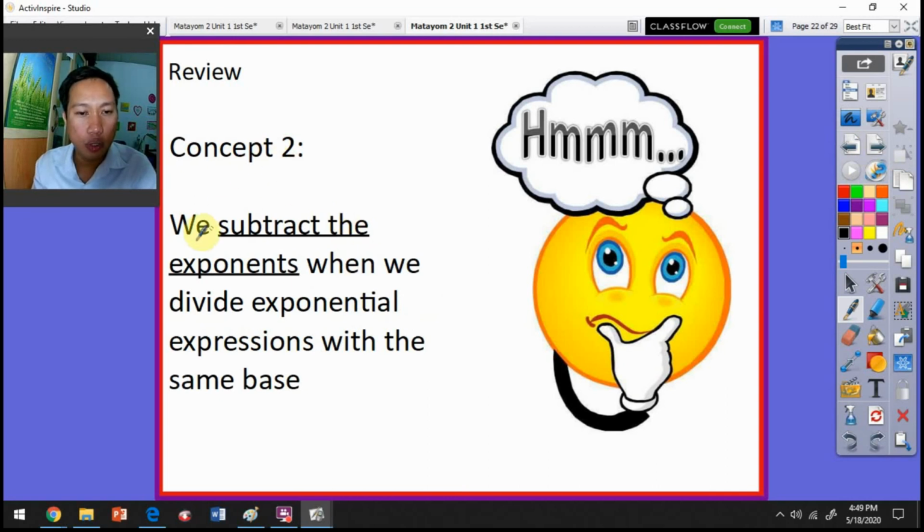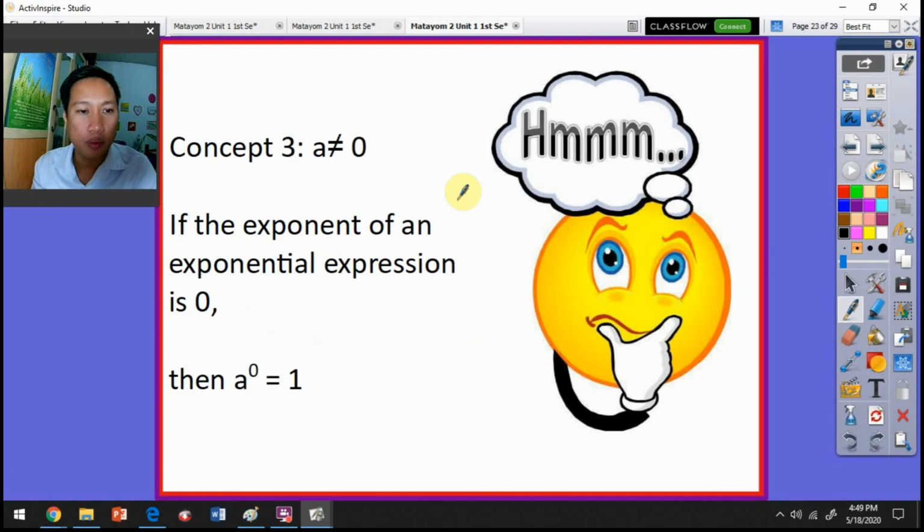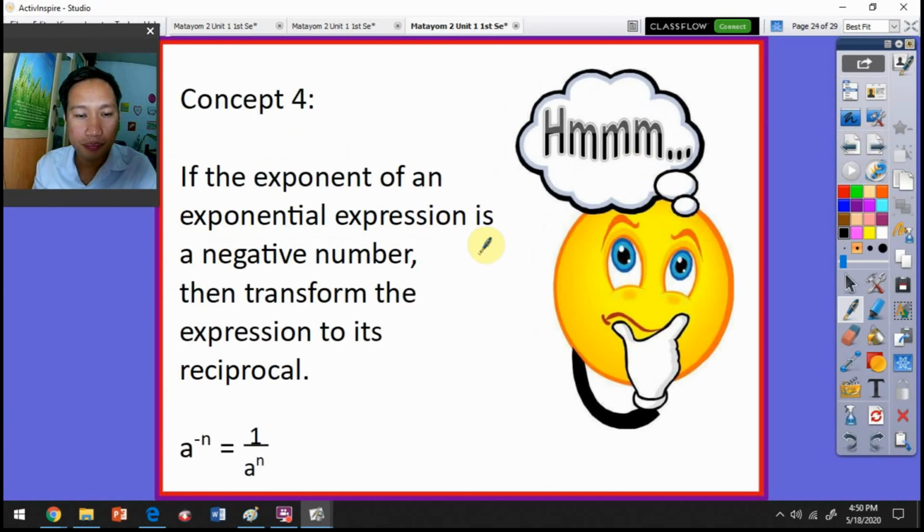Concept number 2, we subtract the exponents when we divide exponential expressions with the same base. Now, our lesson today: if the exponent of an exponential expression is 0, then a to the power of 0 equals 1.